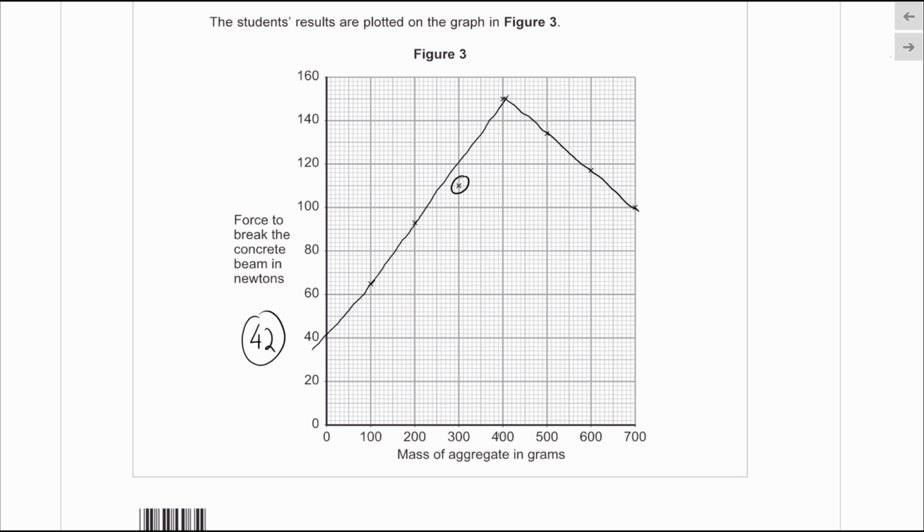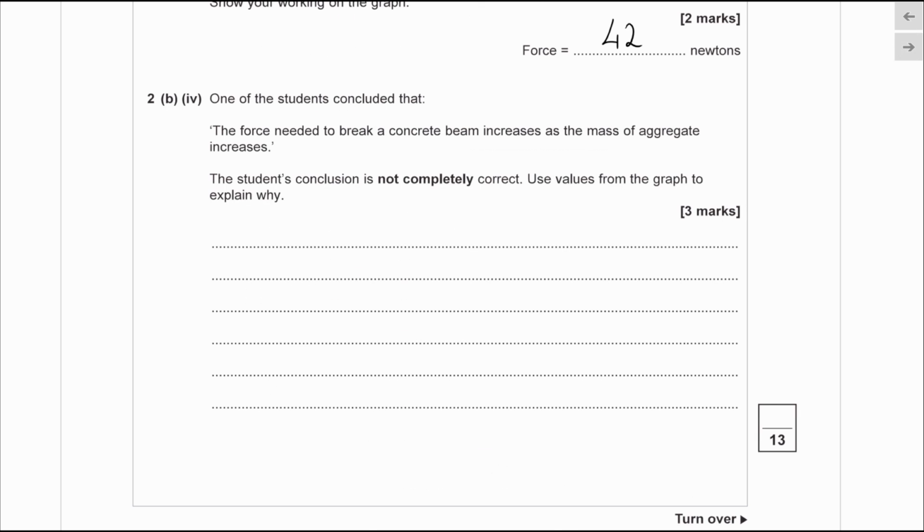So what I'm going to say is that from 100 to 400 grams, the statement is true. Okay, so from 100 grams to 400 grams of aggregate, the statement is true.